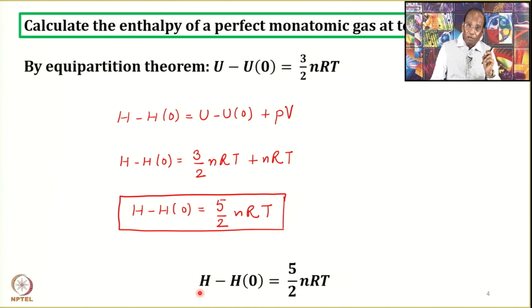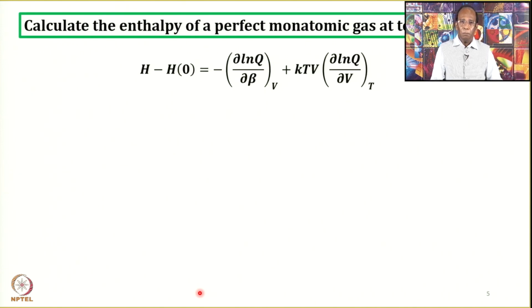If we are asked to calculate the enthalpy of a perfect monatomic gas at a general temperature T exclusively by using this equation, then the process is a little lengthier. To derive the same expression, you will see that we get the same result. We will have to decide again an expression for Q to be used.